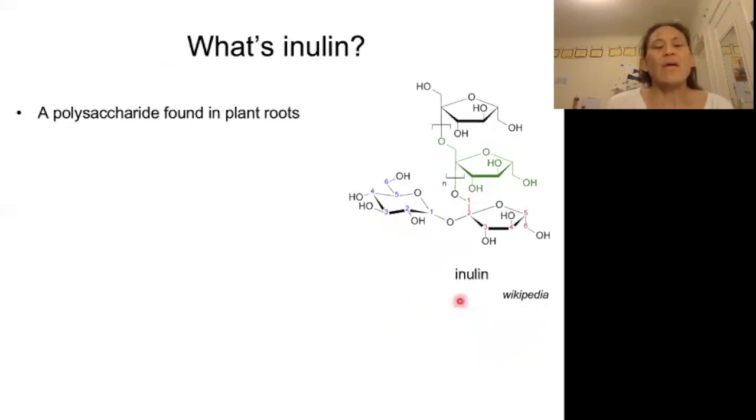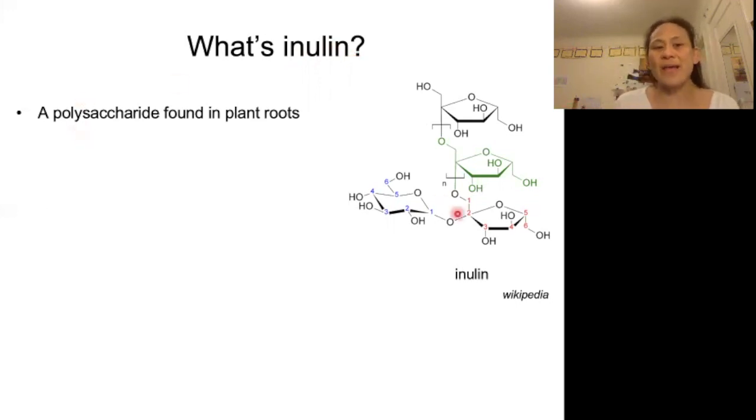Okay, so now it is finally time to address this pressing question that you've probably been thinking about this whole time, which is, what is inulin? First of all, I just want to point out inulin is not to be confused with insulin. Those are two different things, okay?